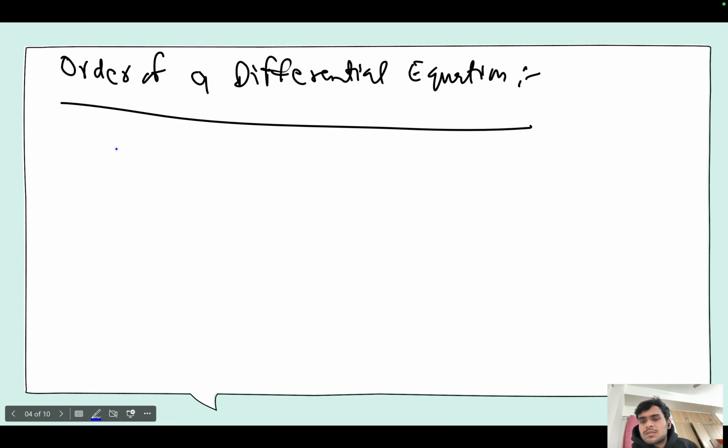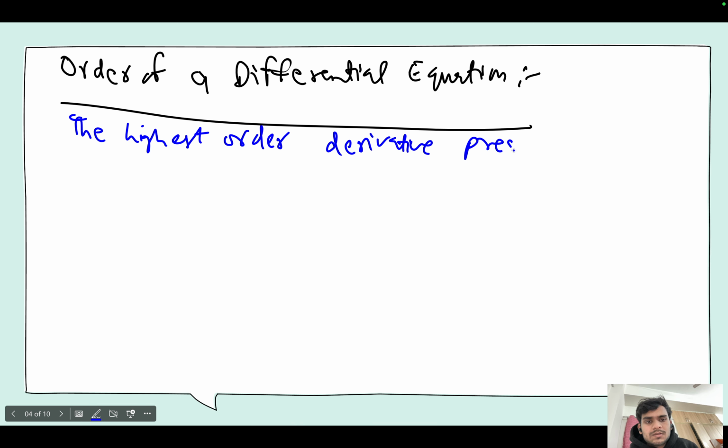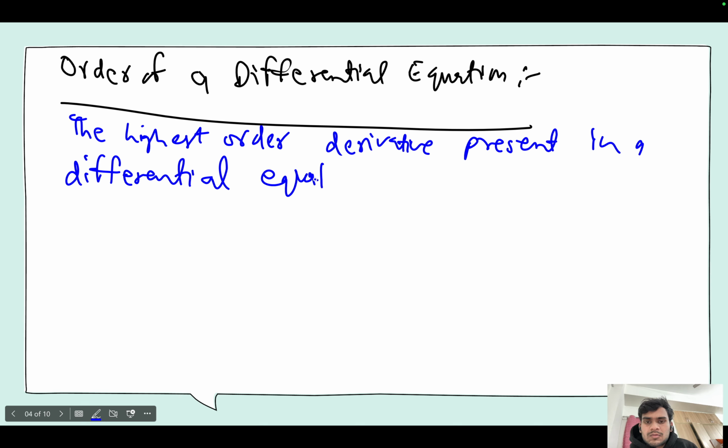So, the highest order derivative present in a differential equation is known as its order.